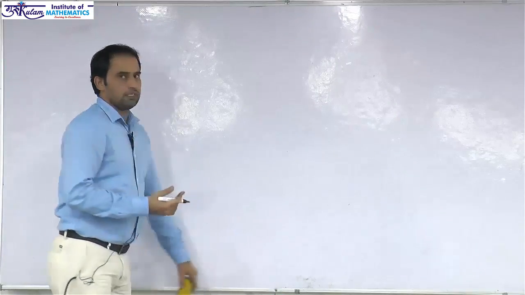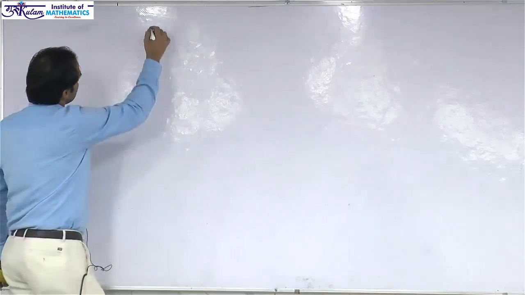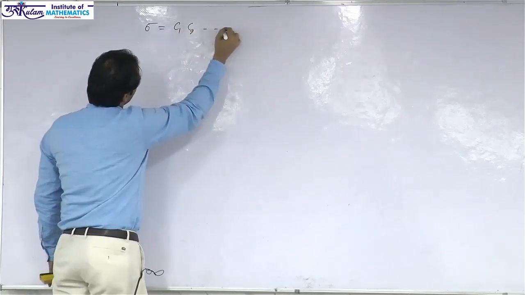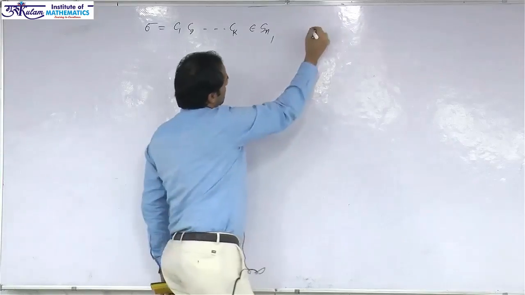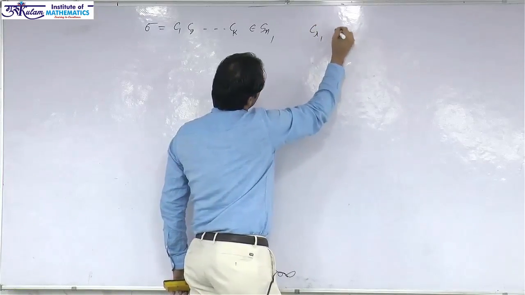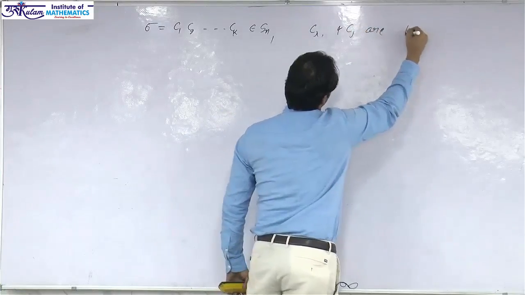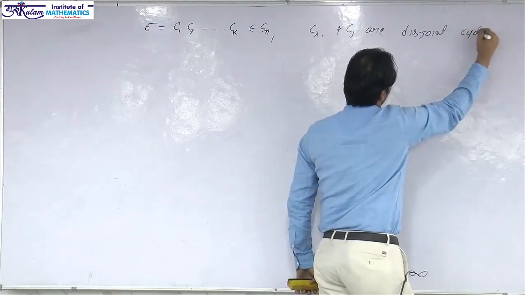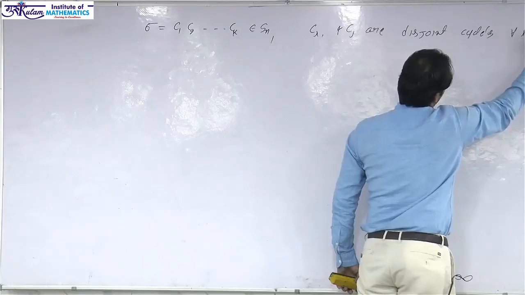So let's start with the permutation operator in general. Consider sigma, which is C1, C2, ..., Ck, belongs to Sn, where Ci and Cj are disjoint cycles for all i not equal to j.